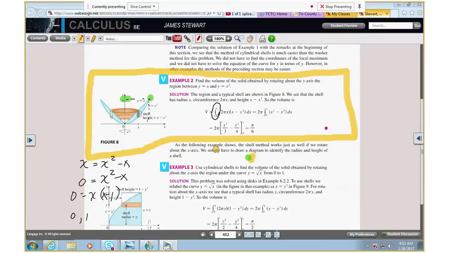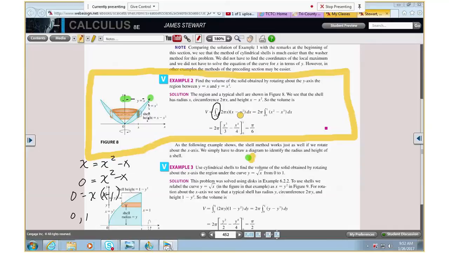Now, that's a good problem for you to look at, to put down in your notebook as an example. We're going to call it a day today, because I want you to let the area between two curves, I want you to get that down, and then you can apply that area between two curves. Remember, in the volume, the area between two curves is now going to be the what?